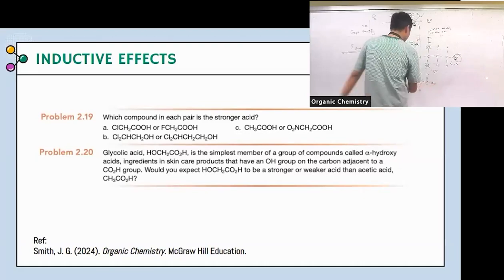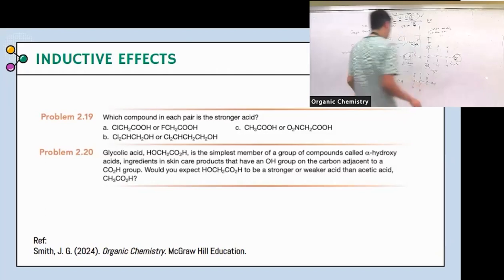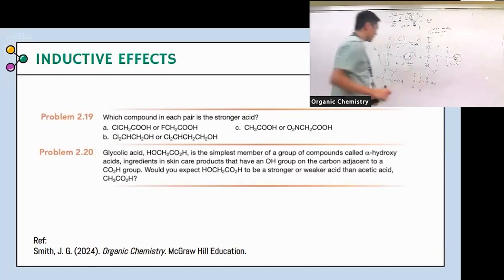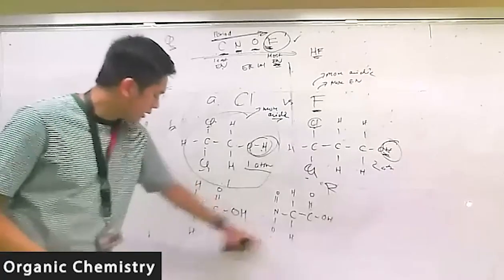Okay. So here, 1, 2, 3, 1, 2, 3, 4, 1, 2, 3, 4. Okay. 1, 2, 3, 4. Okay, okay. So which here is the more acidic?